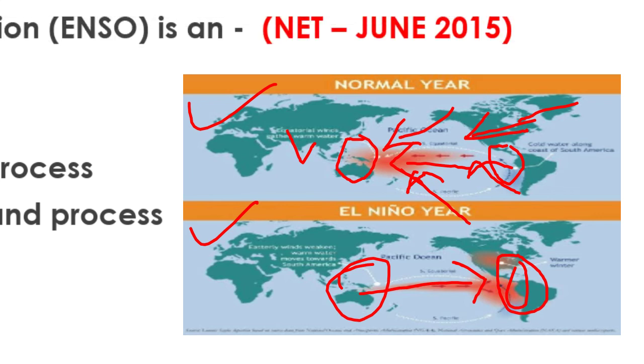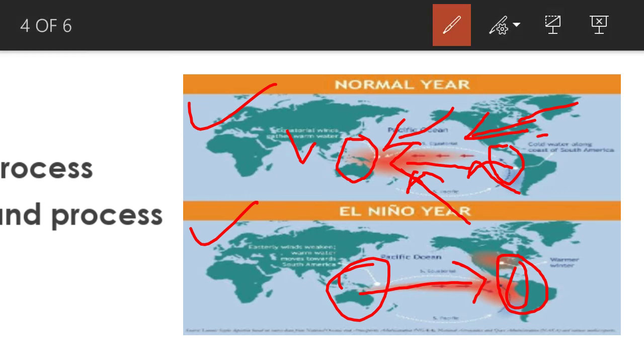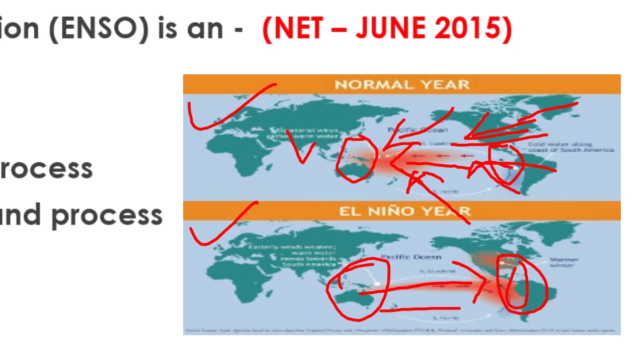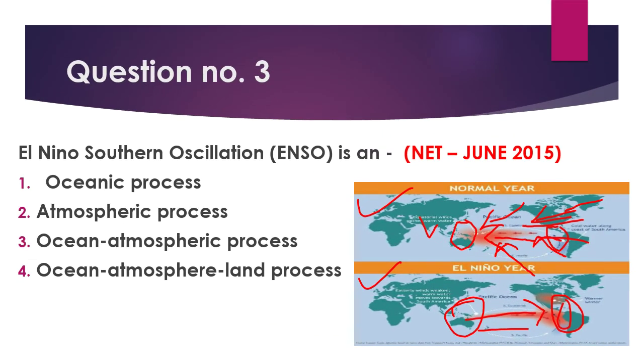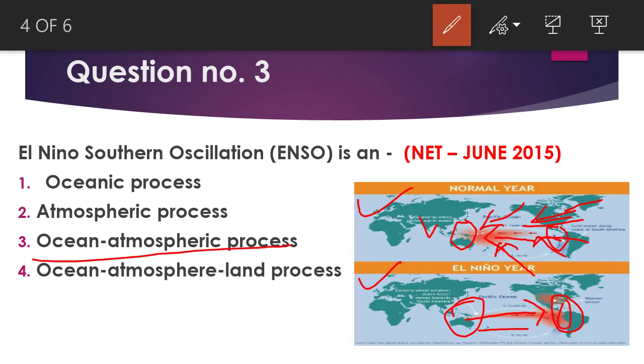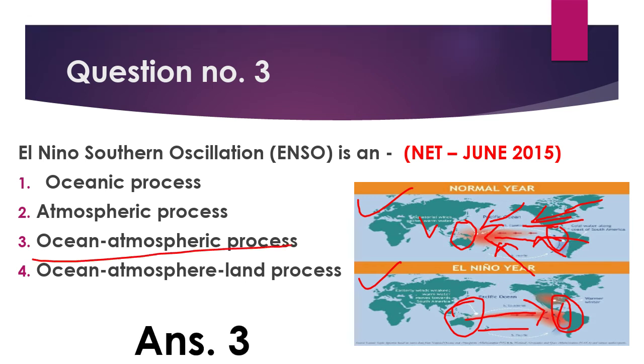So this is in the El Nino year. So you know that it is caused by the trade winds. There are trade winds and there is weakening of the trade winds. So it is the ocean atmospheric process, and hence the third option will be the right answer.